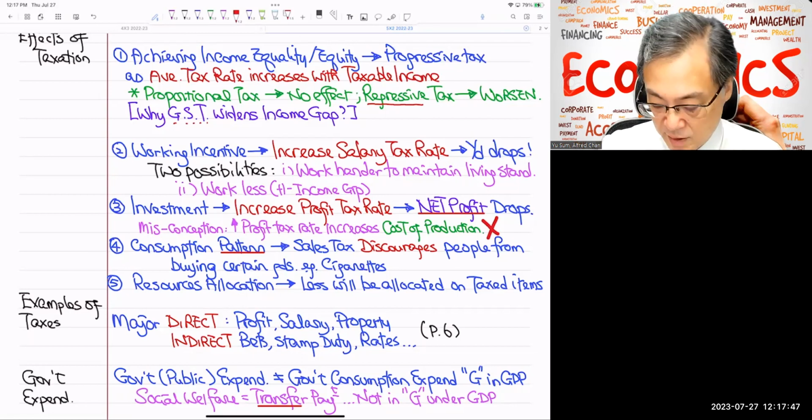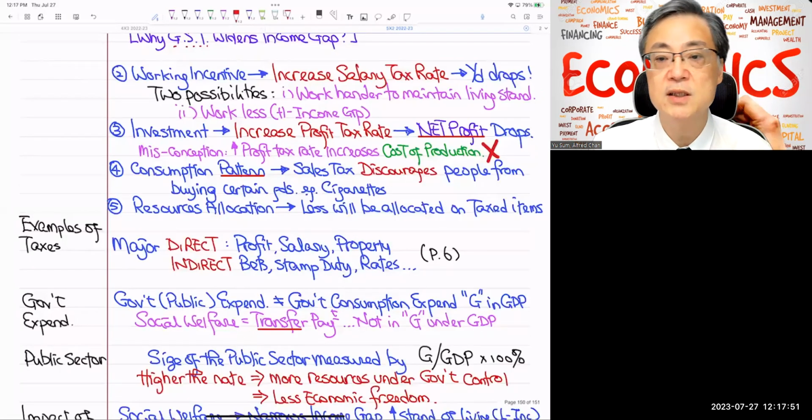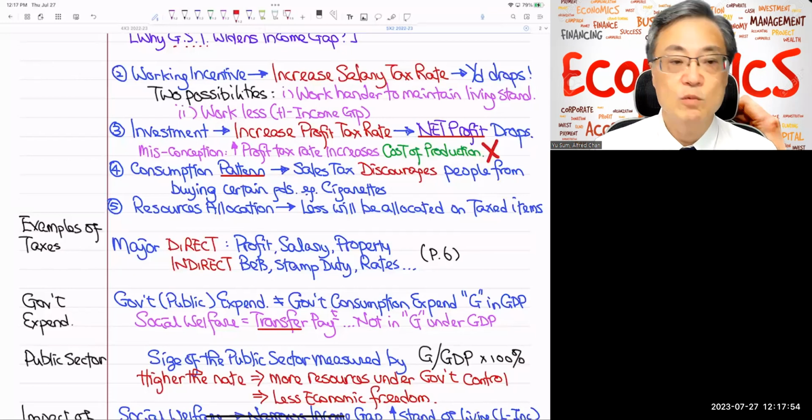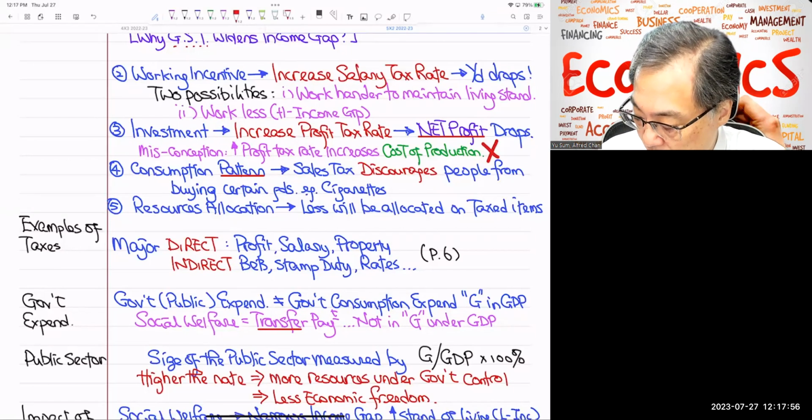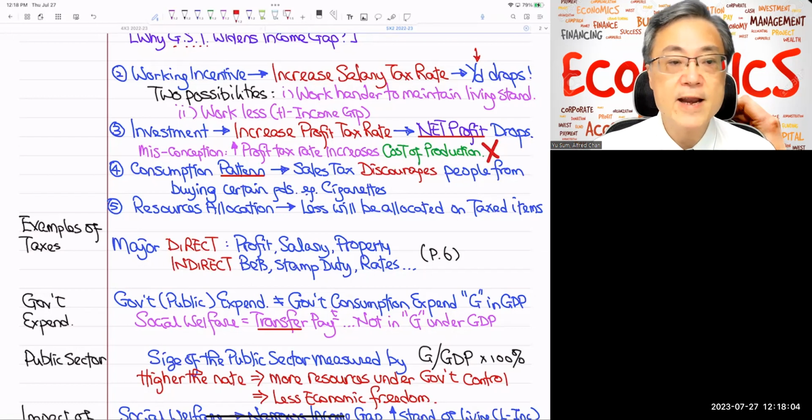Now the next one, on working incentive. What if the government increases the salary tax rate? Still remember this term, disposable income: salary tax affects disposable income. Disposable income drops. There are two possibilities actually.